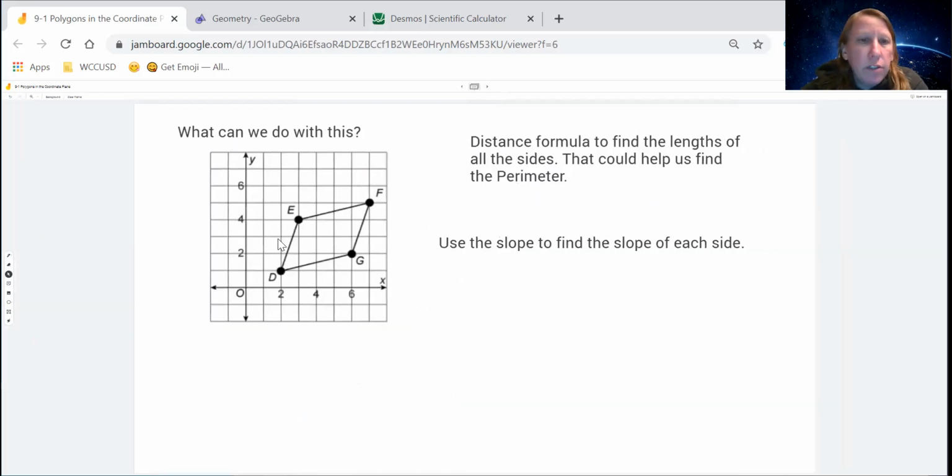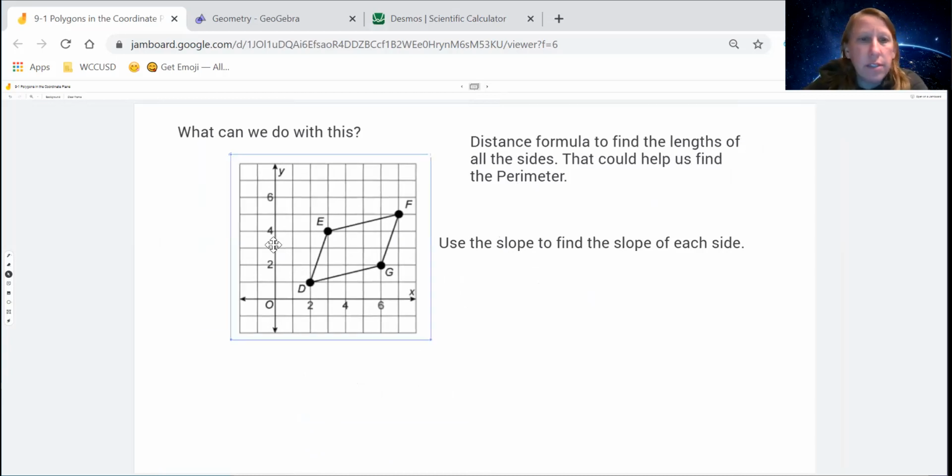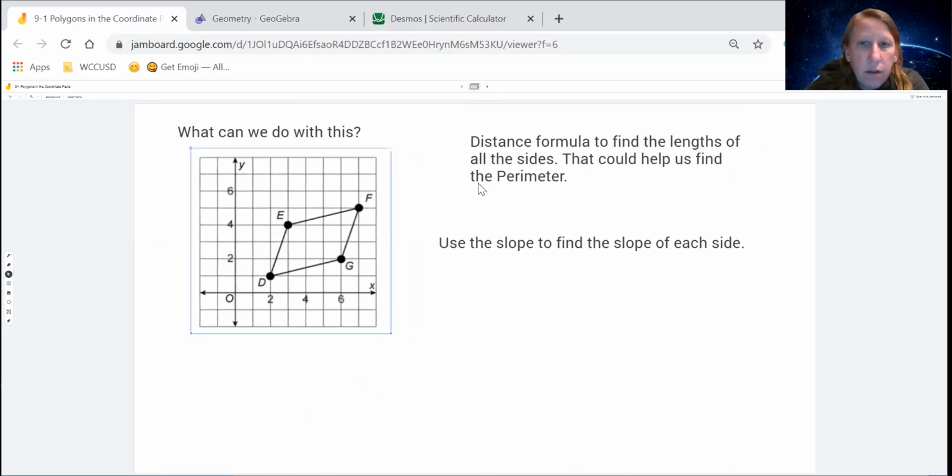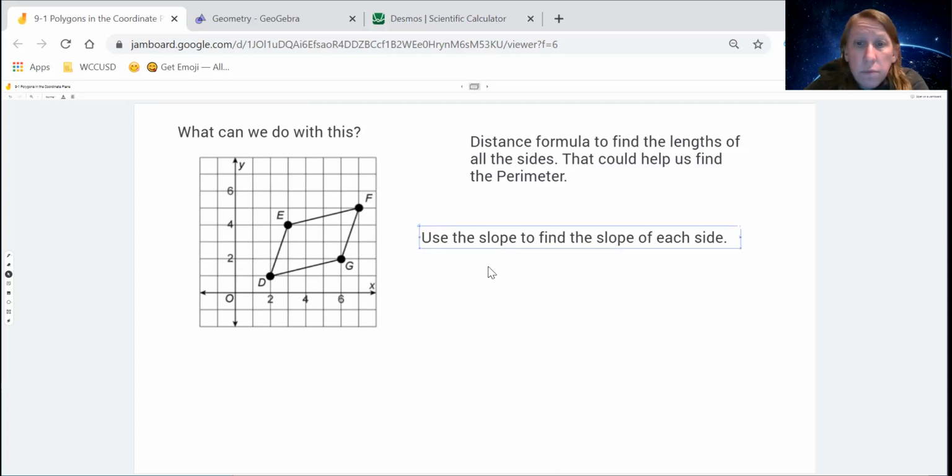All right, so what can we do with this? Well, we can also use the distance formula on this one. If somebody asked us what the perimeter is, we would do it the same way. We can also use the slope formula to find the slope of each side. So in general, if we give you a polygon on a coordinate plane, we might be wanting you to classify it.